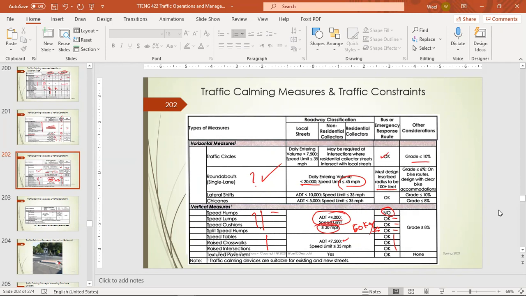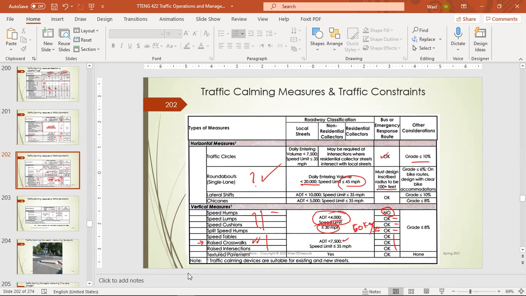However, I have seen on that street there are raised crosswalks at several locations. So there are some raised crosswalks in several locations on that street.